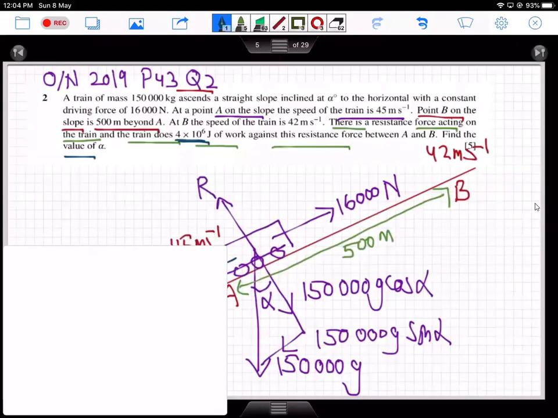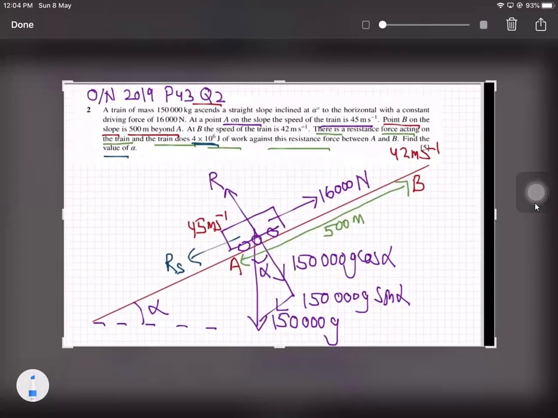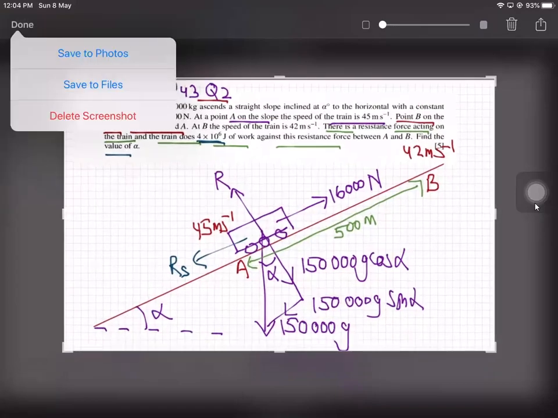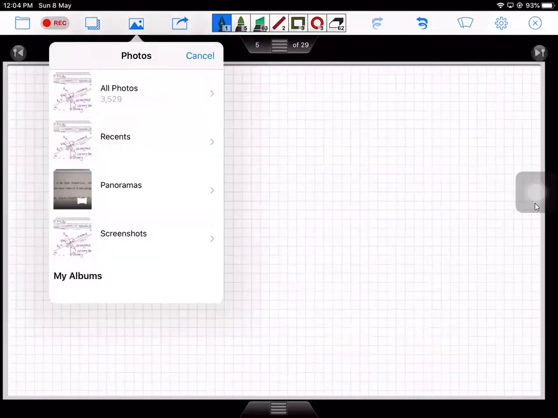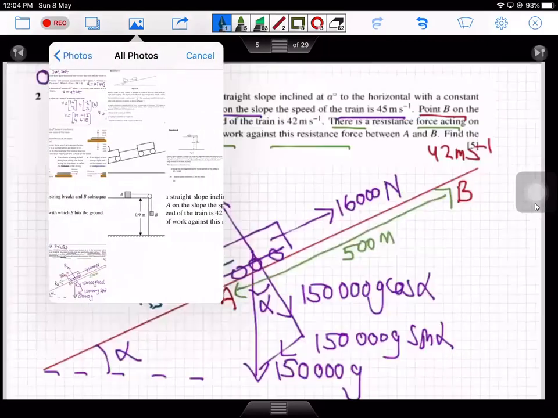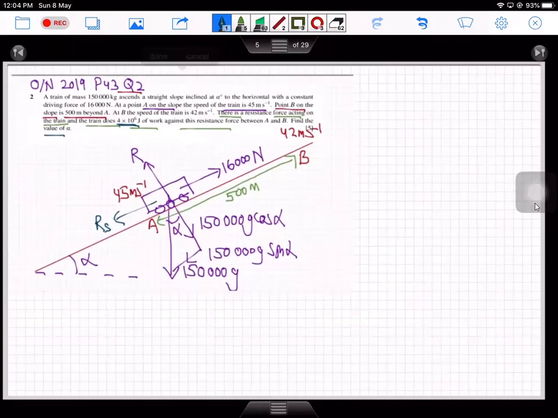Okay. What we are going to do, we are going to use the work energy equation, the law of conservation of energy. And if you have watched my earlier videos on work, energy, and power, I always use this approach, the complete equation.